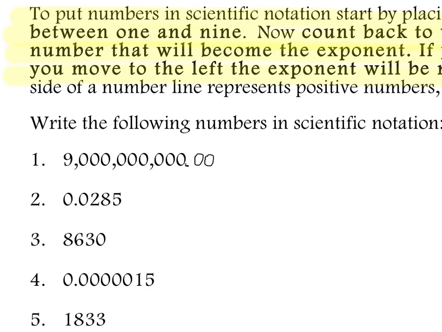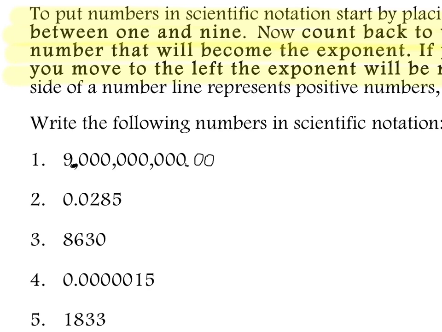Our new decimal, we are going to place to the right of the first digit, right? In other words, we're going to put the new decimal wherever we need to put it to make this a number between 1 and 9. So with this number, if I put the decimal place where I just placed it, that actually makes the number 9, right? And now, direction is important.